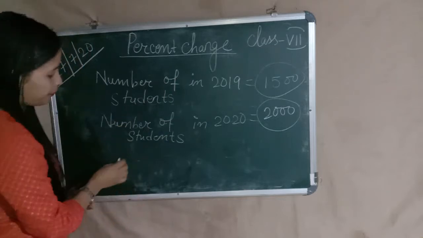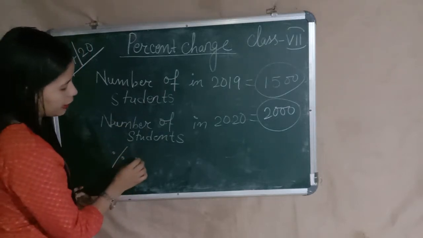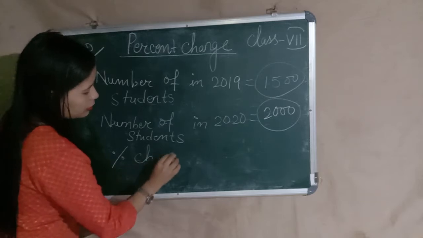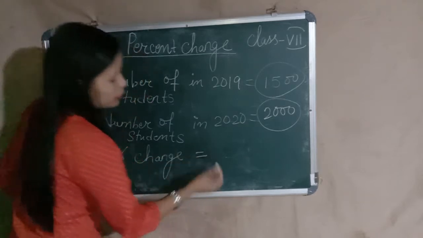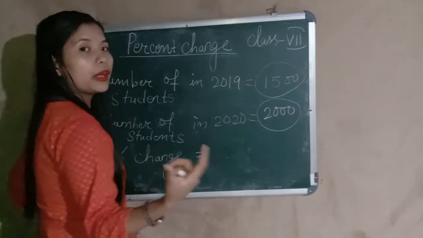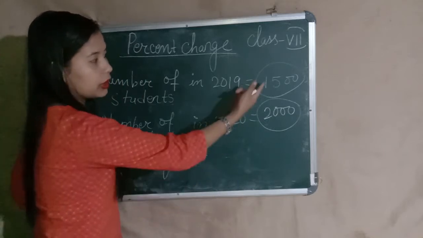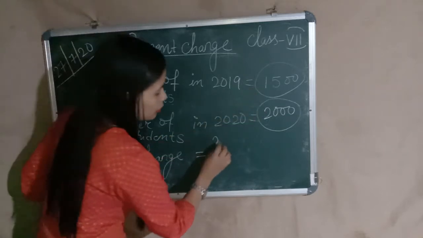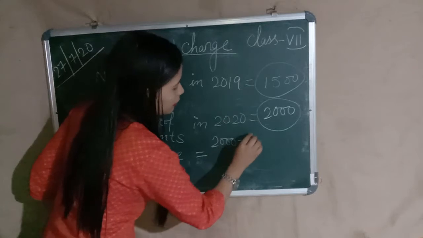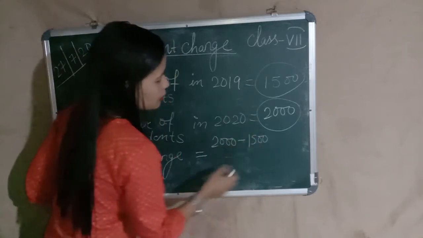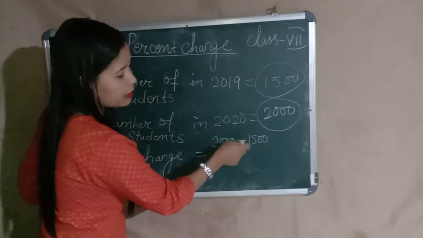So percent change equals the number by which the increase has been made. The increase here is 2000 minus 1500, the new value minus the old value.